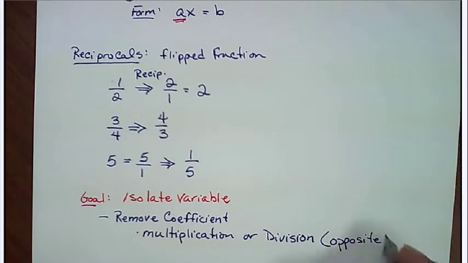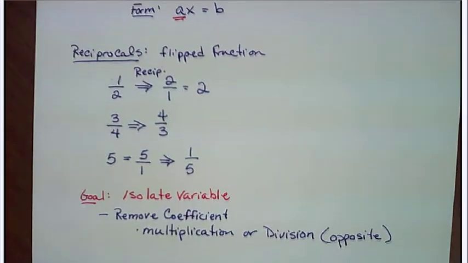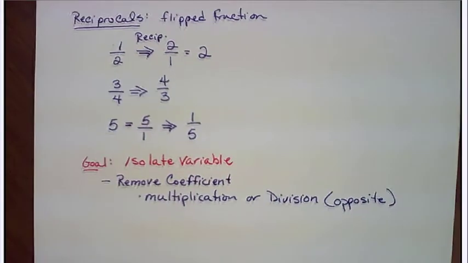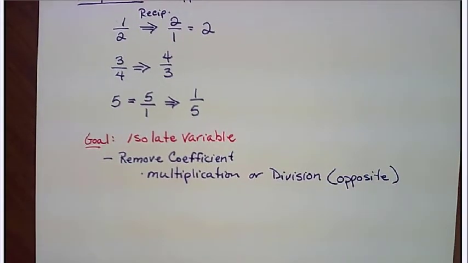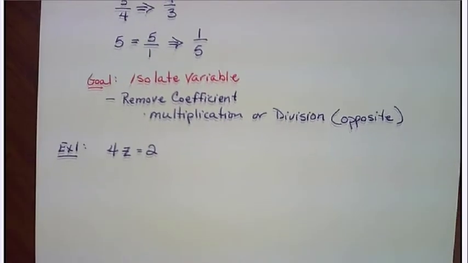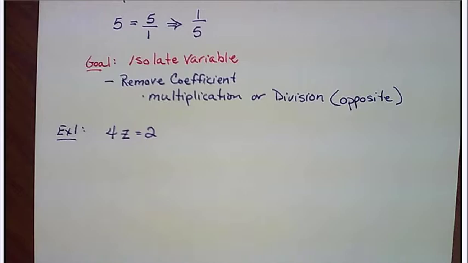And this is kind of a misnomer. Really, the entire time I'm going to be doing division, but it's going to look like multiplication in several places. So let's get started. Okay, so the first problem we're going to work is 4z is equal to 2.